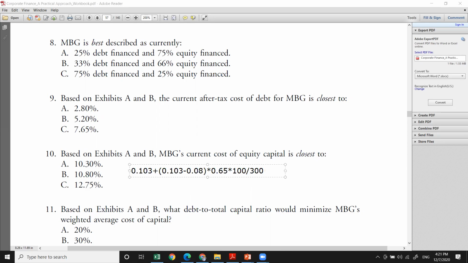And if you calculate, it should give you 0.108. That shows the answer is B.